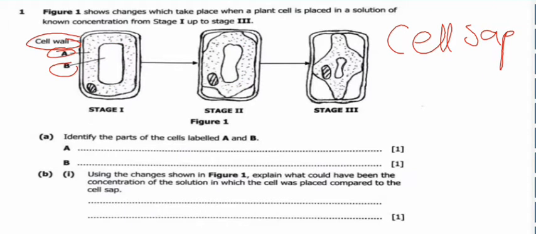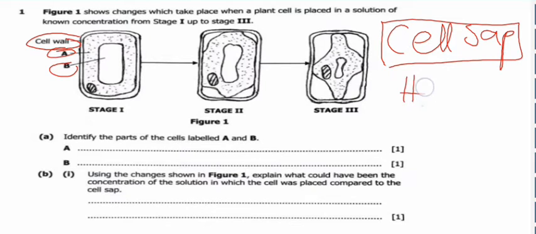Question B, Roman numeral 1: using the changes shown in Figure 1, explain what could have been the concentration of the solution in which the cell was placed compared to the cell sap. Now, what you need to know is that there are three types of solutions.